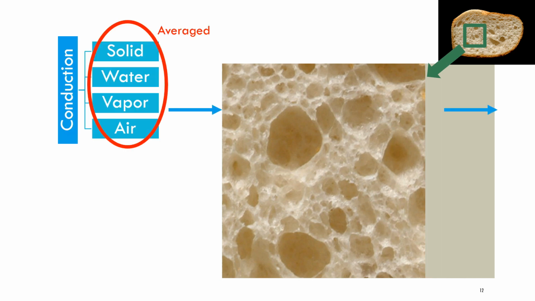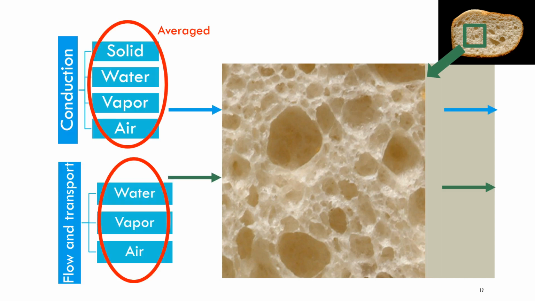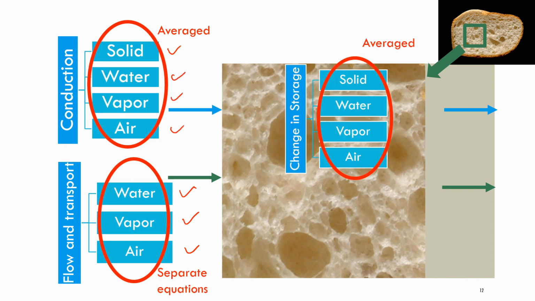So we write the single phase equation, for example, for water, for vapor, for air. And then for temperature, we know there'll be heat conduction in the solid, in water, in vapor, and air.